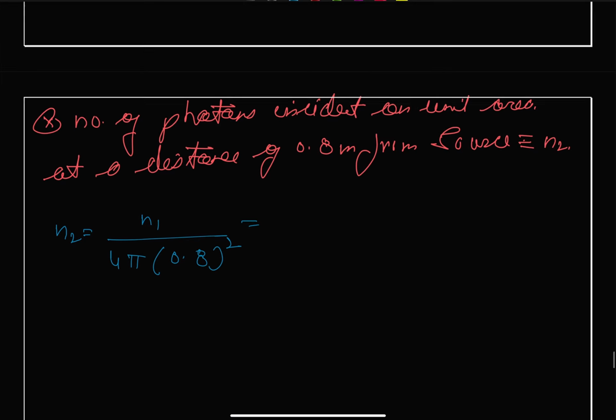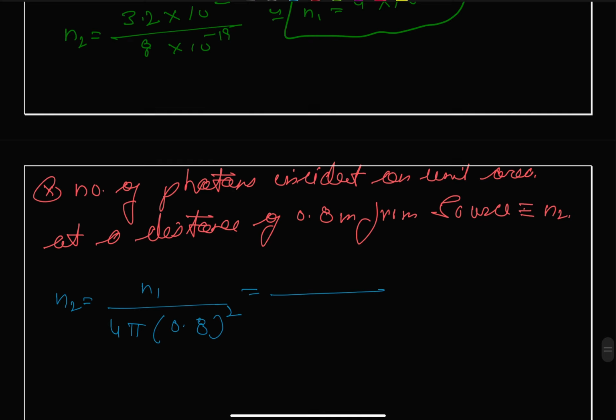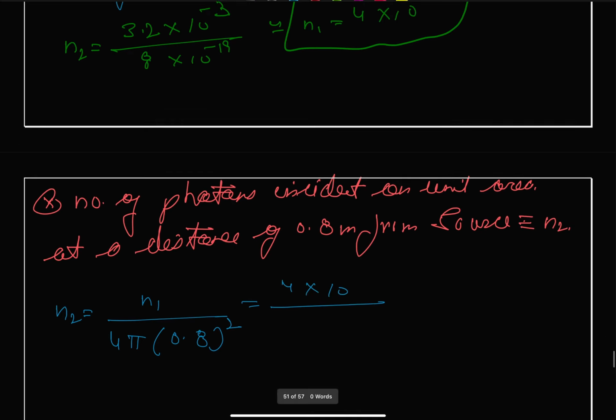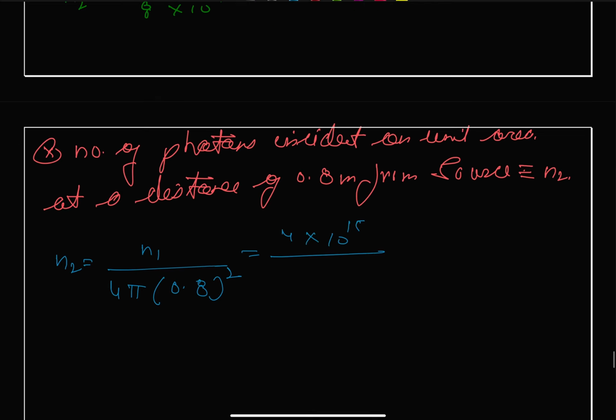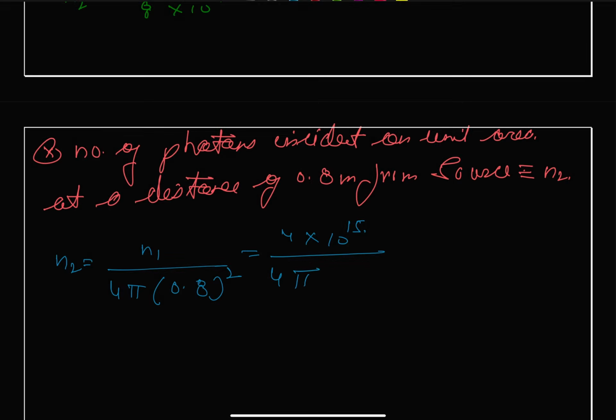So we have N1 as 4 into 10 to the power 15, and this is 4 pi into 0.8 whole square. So this comes as approximately 5 into 10 to the power 14.